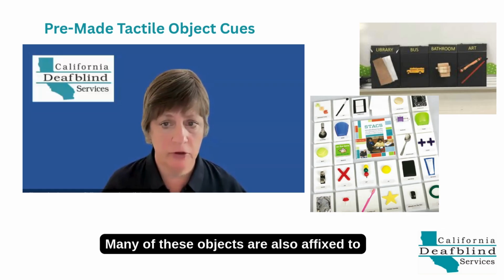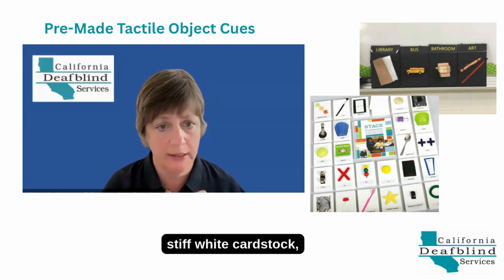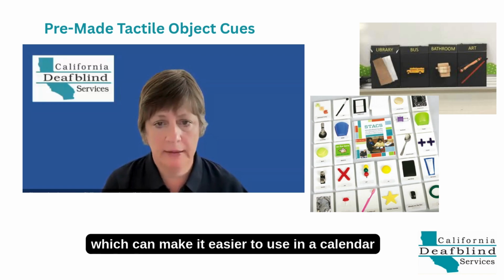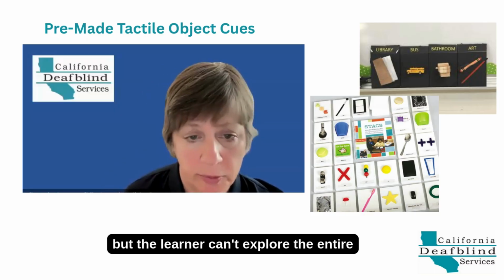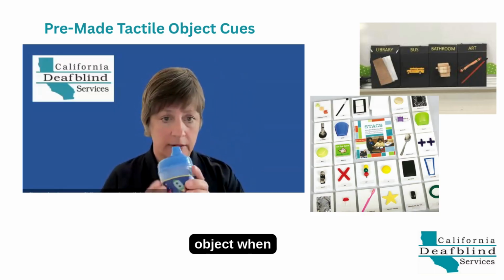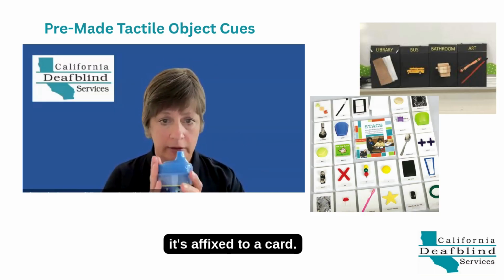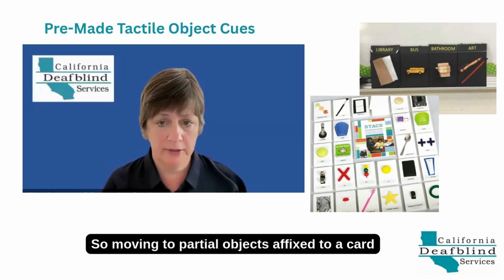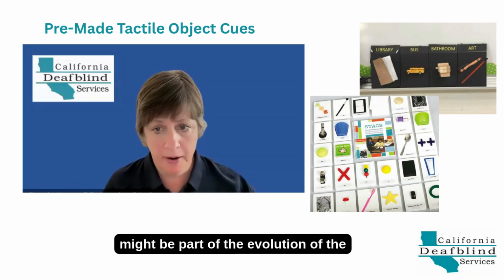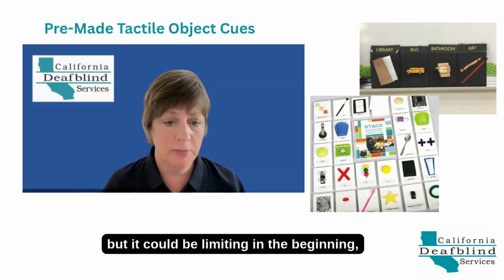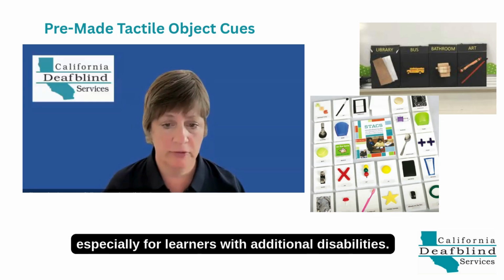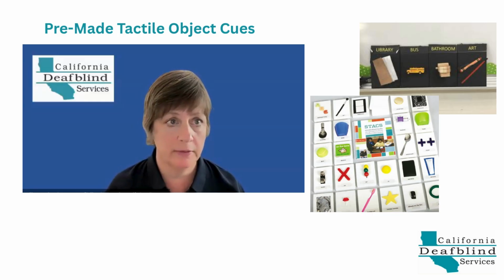Many of these objects are also affixed to stiff white cardstock, which can make it easier to use in a calendar system, but the learner can't explore the entire object when it's affixed to a card. So moving to partial objects affixed to a card might be part of the evolution of the learner's communication system, but it could be limiting in the beginning, especially for learners with additional disabilities.